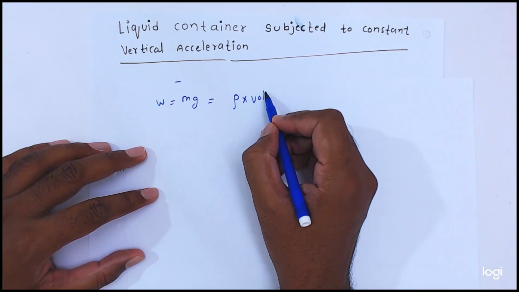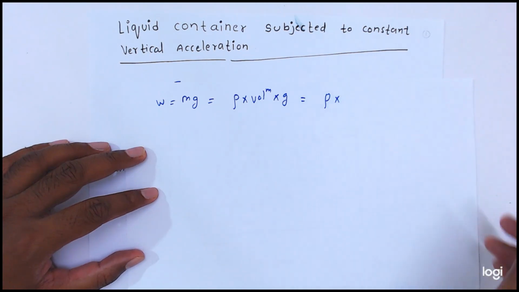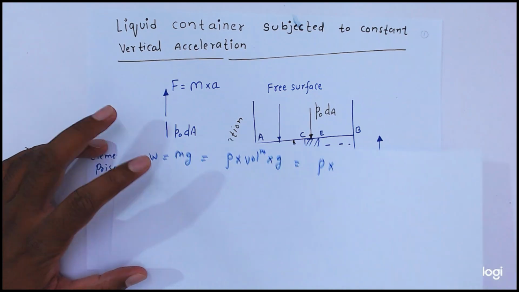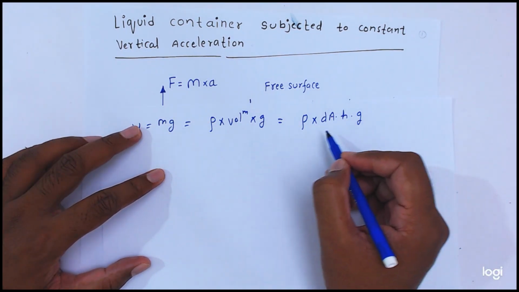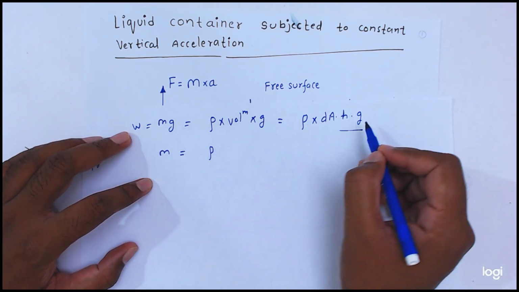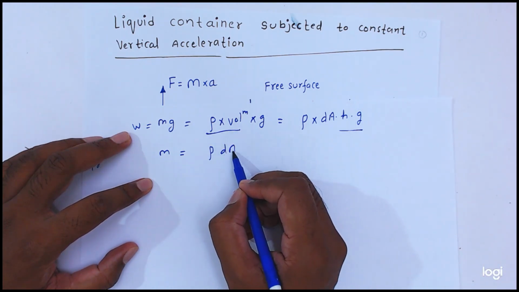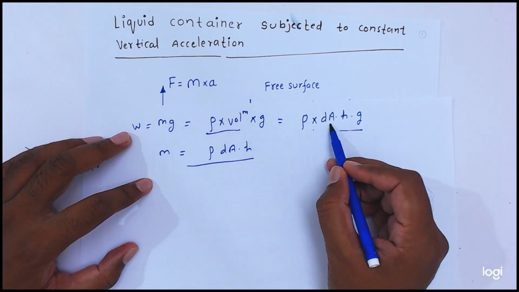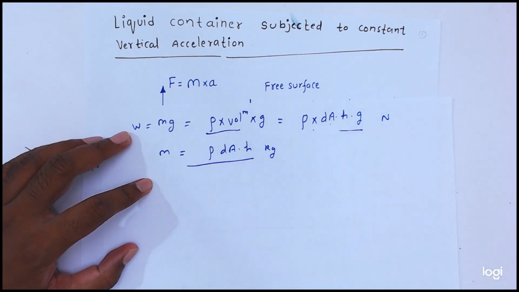Volume is dA into h. So rho into dA into h into g is the weight. What will the mass be? m is equal to rho into volume, without the g factor. So rho into dA into h is the mass and weight is equal to rho dA h into g. Okay friends, this is in Newton and this is in kg.